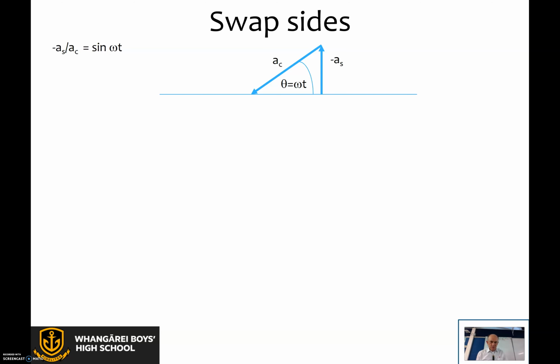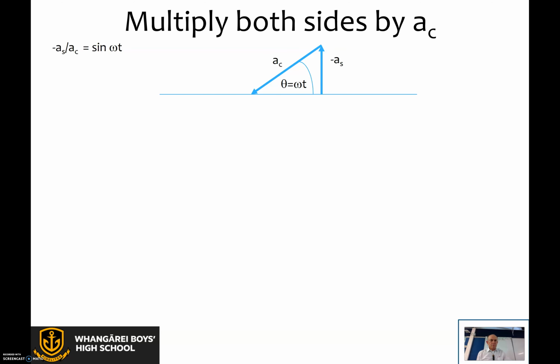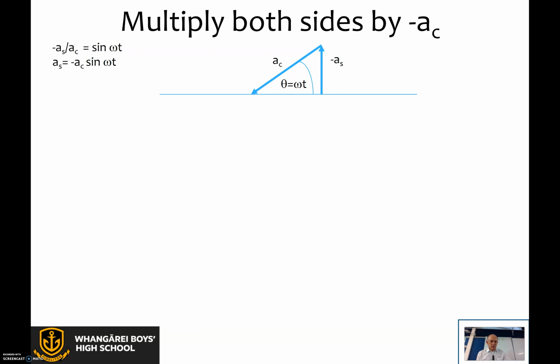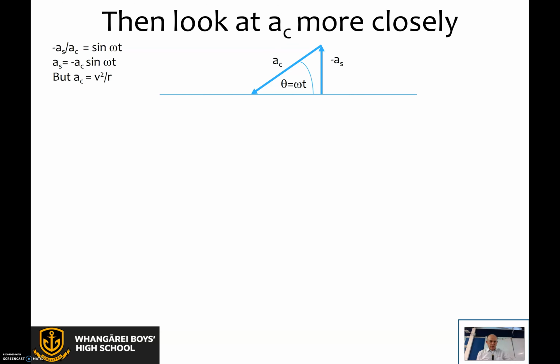Very, very complicated step, we can handle it. Multiply both sides by AC, and you finish up with AS is negative AC sine omega t, which makes sense. If the sine is 0, there's no acceleration, because the angle is 0. If the sine is 1, then we get the maximum acceleration back towards the center.